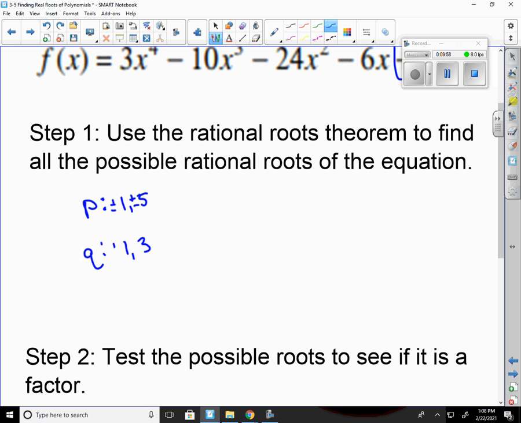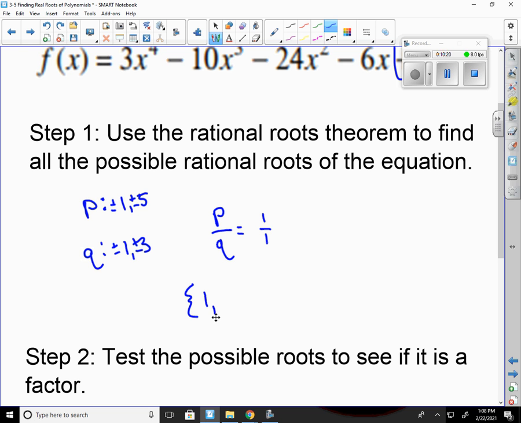Same thing for q. Positive and minus 1, positive and minus 3. So now when I do my p over q's, we're going to look at all the possibilities. It could be 1 over 1. And I'm going to list them out down here.